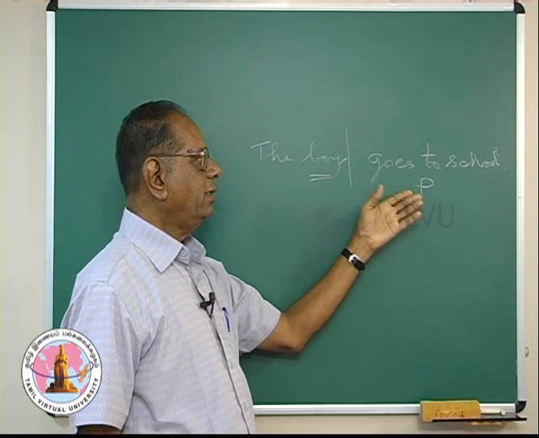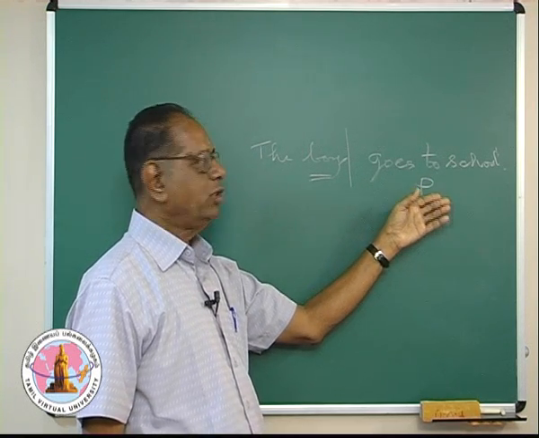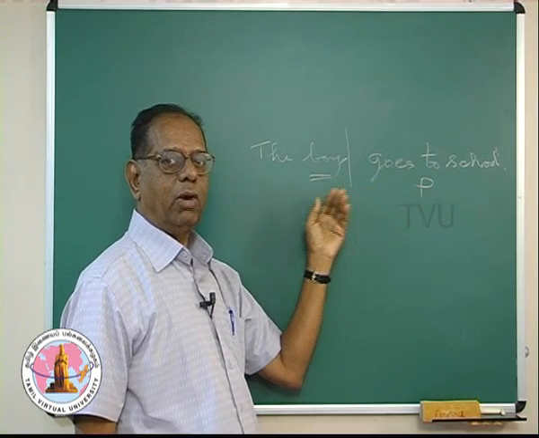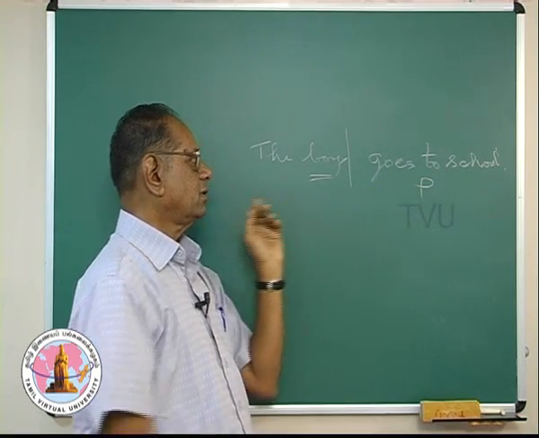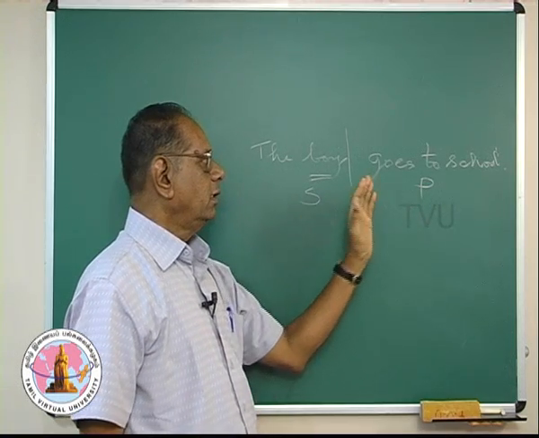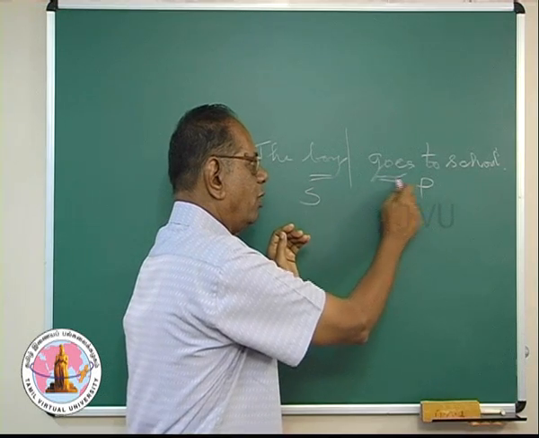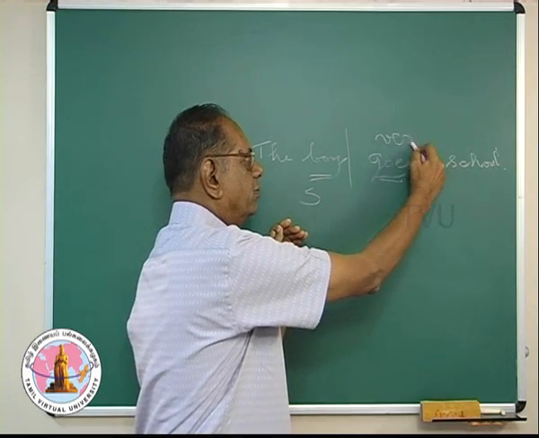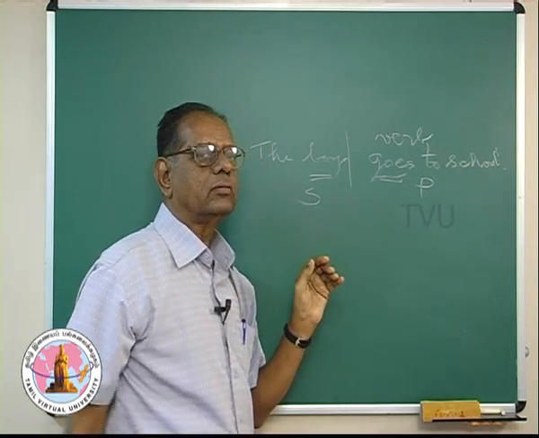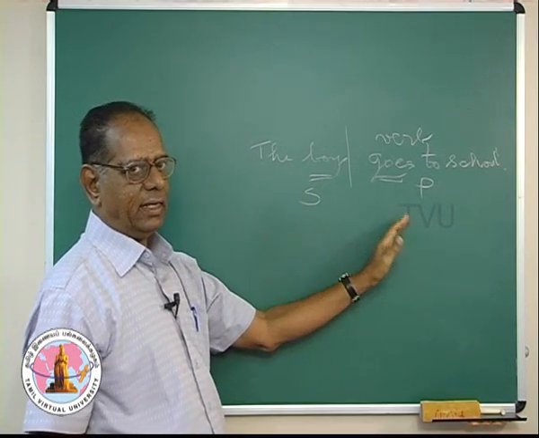A predicate is the part of a sentence which gives information about the subject. This predicate part has its own components. A verb. In a sentence, you need a subject and a predicate.